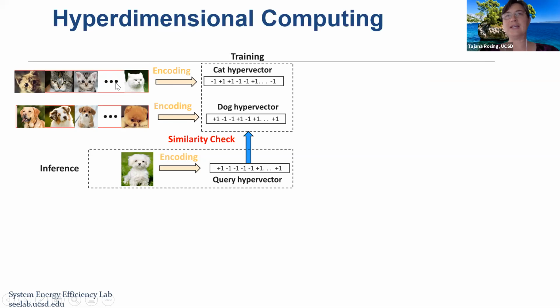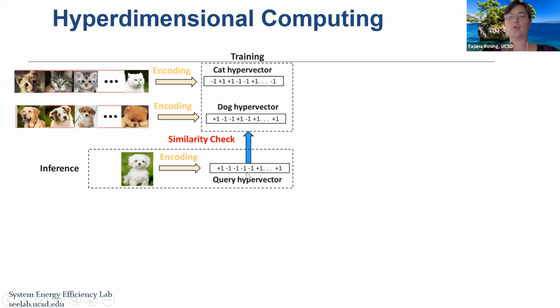And as you can see, this very simple addition is super easy to implement in hardware. Furthermore, when we actually do the similarity check, we would do exactly the same kind of encoding on an image that was just presented for inference. This would generate a query hypervector.